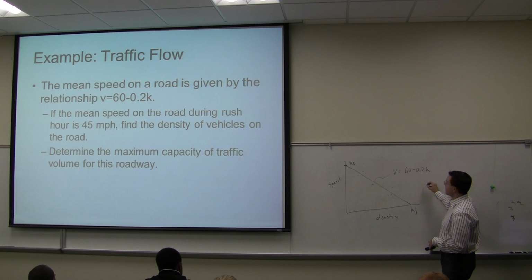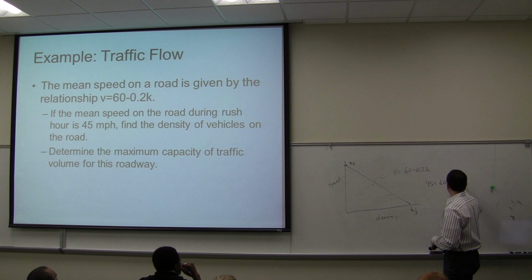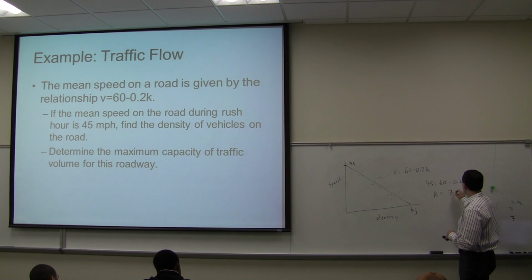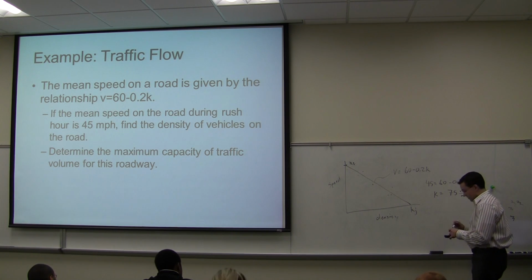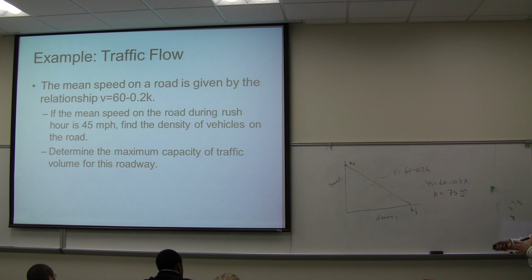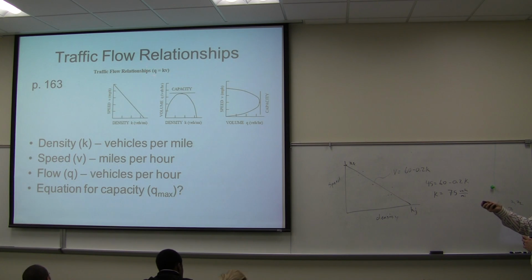So if you plug in v equals 45, you can solve for k, which would be, what is it? 75 vehicles per mile. So we can do this without using this relationship.